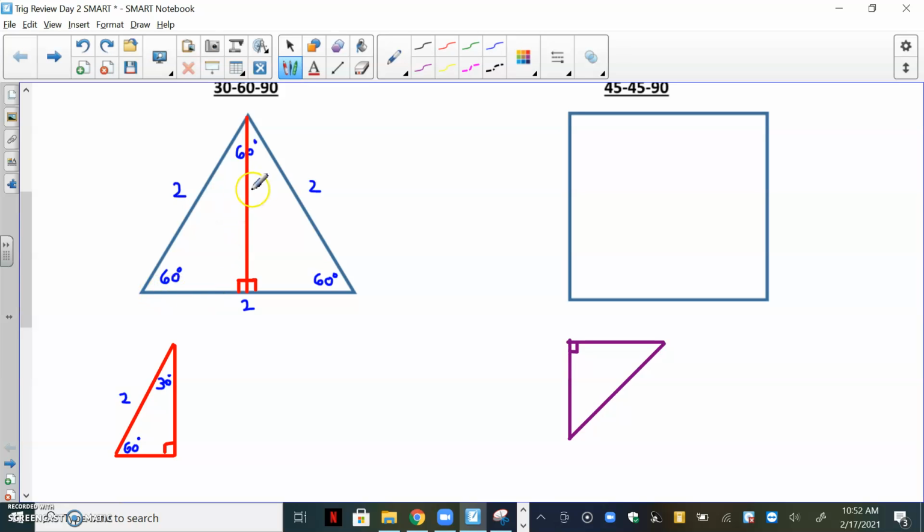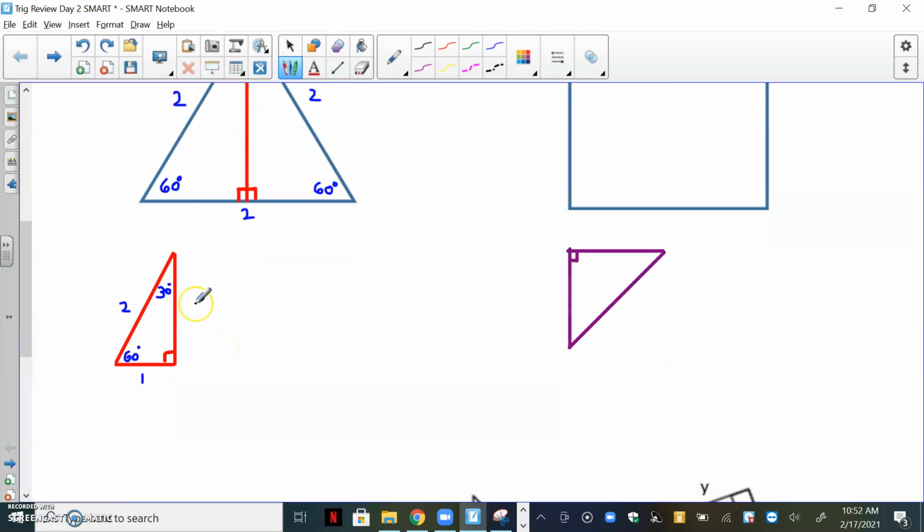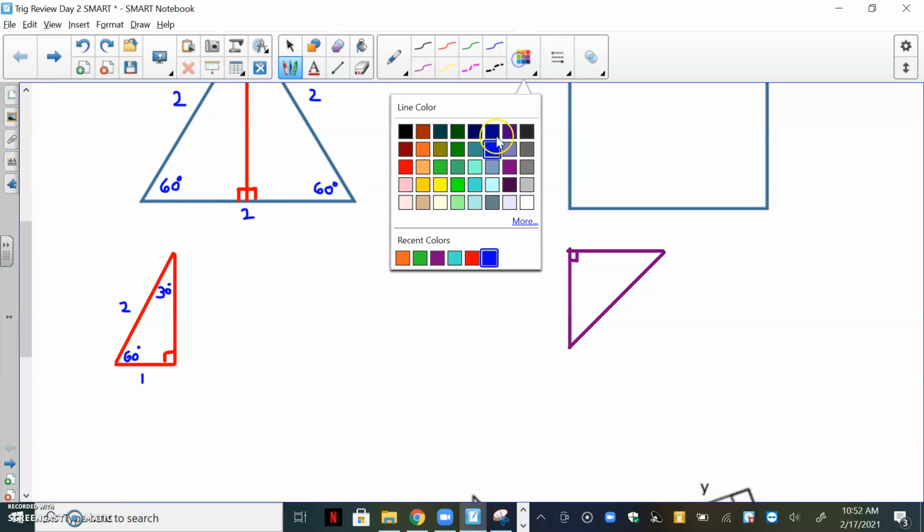So when we chopped it in half, the one side of it ended up being half of 2, which is just 1. And that leaves us to find out what this side is. Now that's the height of the triangle, and we don't know any information about that yet. However, we can use the tools we talked about yesterday to find it. So that's where our Pythagorean theorem comes in.